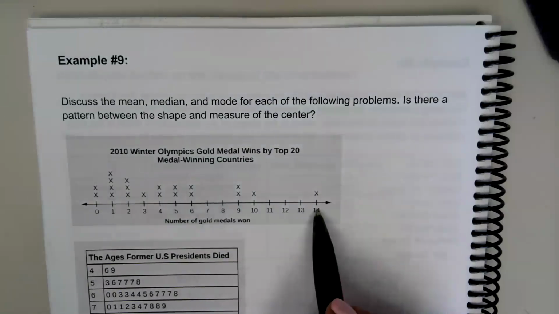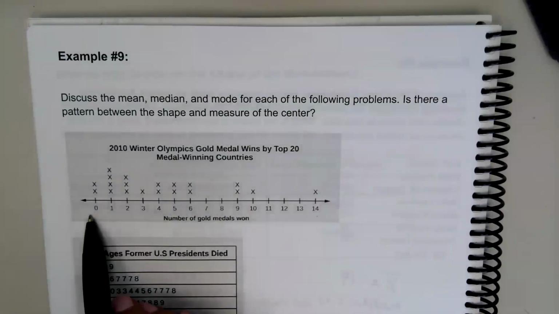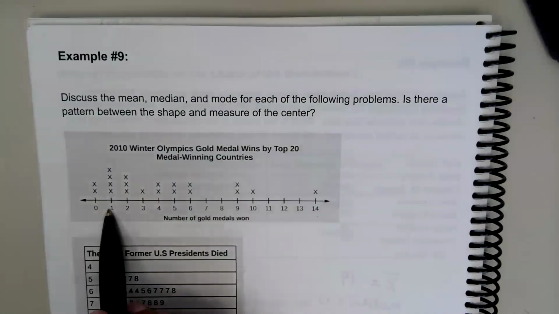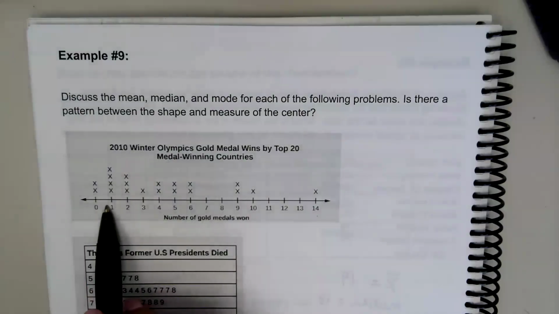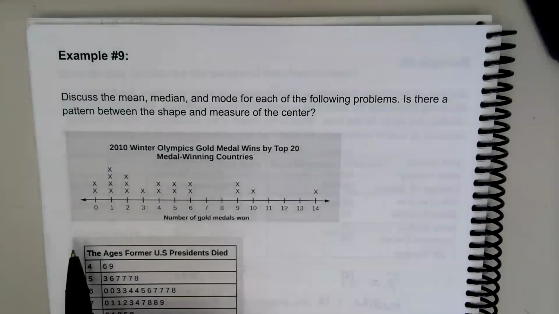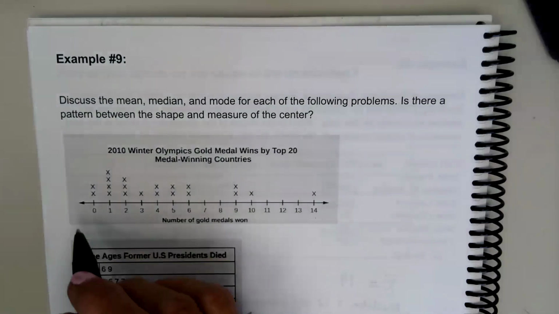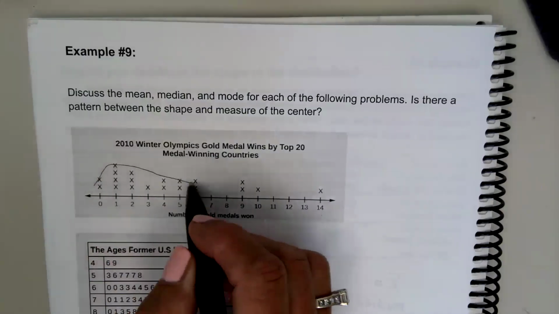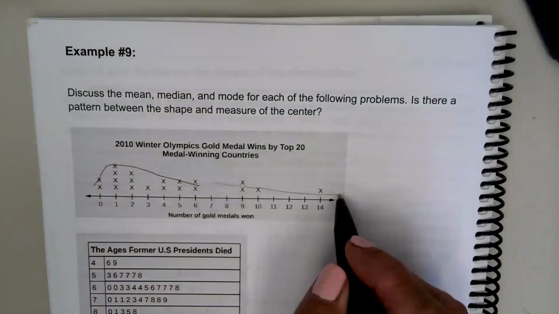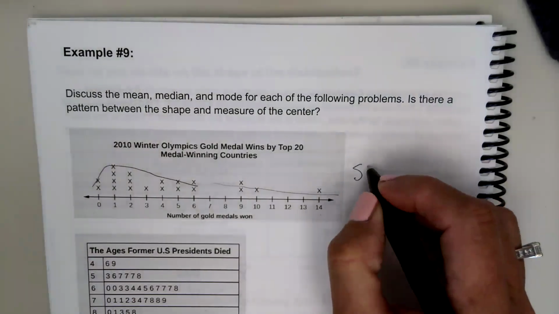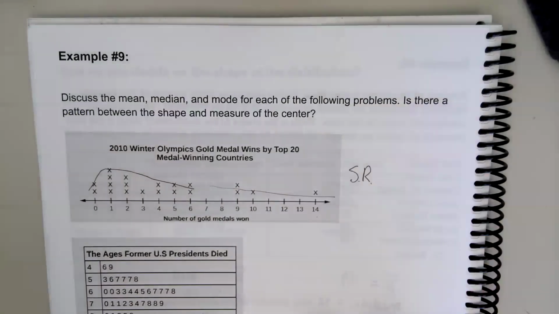So there was one country that scored 14 gold medals. There were two countries that earned 0, four that earned 1. So if we look here, I would say the center of the data is here, and then it definitely trails off. So this would be a skewed right data set.